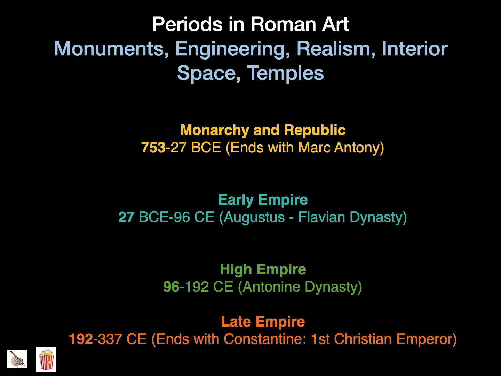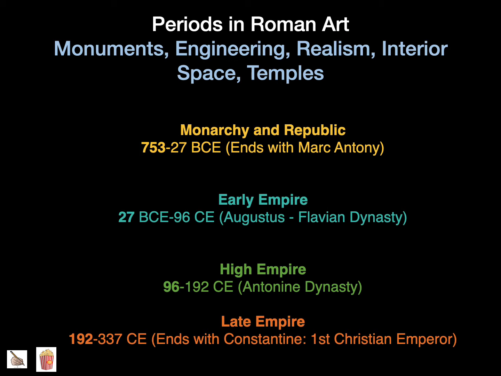These are our periods in Roman art. Characteristics of this period included monuments, engineering, realism, interior space, and temples. First, we have the monarchy and republic, 753 to 27 BCE, that ends with Mark Antony.